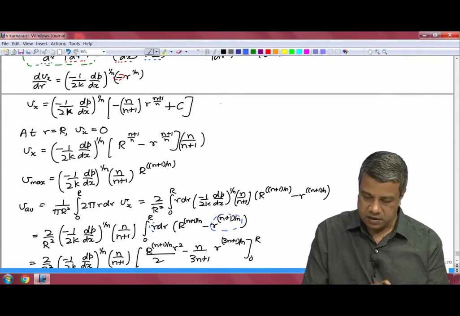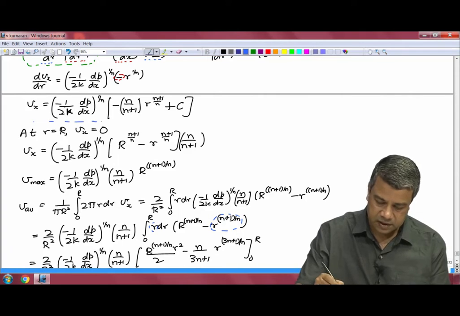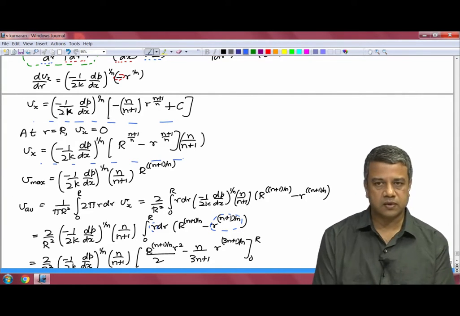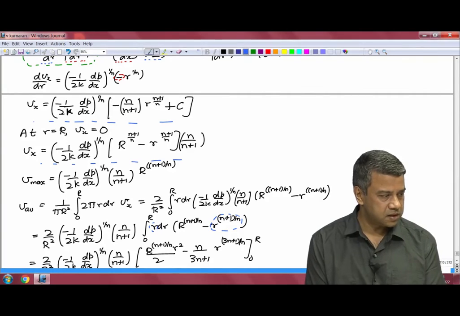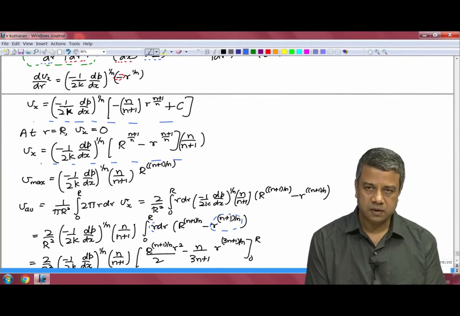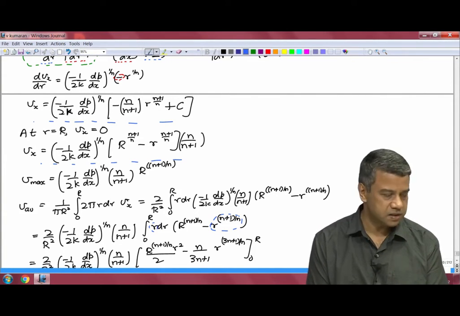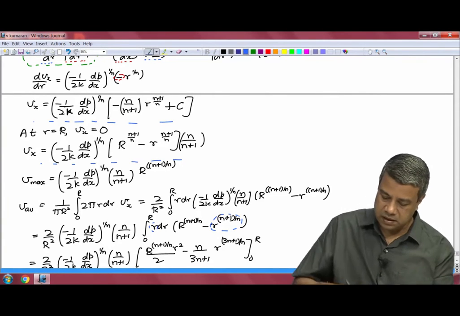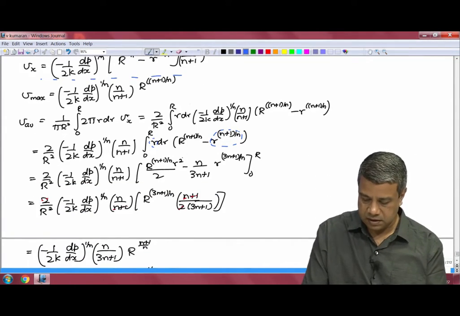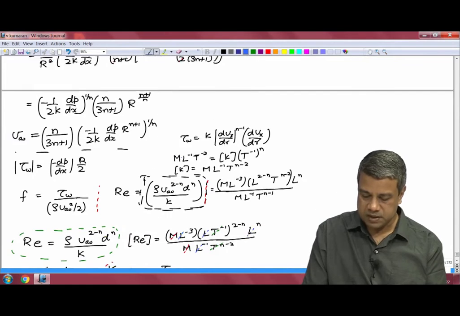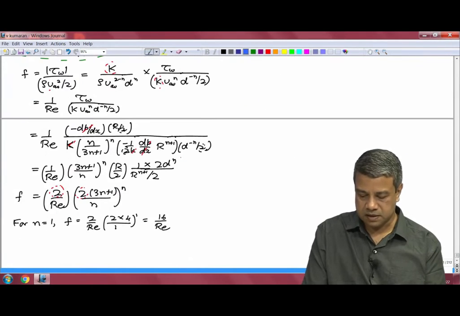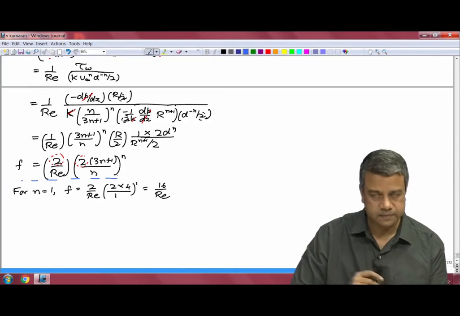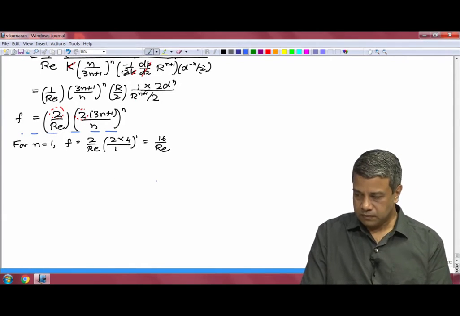This was the velocity profile that we had calculated, and which satisfied the boundary conditions both at the center, that the gradient is equal to 0, and at the wall of the pipe, where the velocity is equal to 0. We had calculated the maximum velocity and the average velocity. And based upon that, we had calculated the relationship between the friction factor and the Reynolds number.